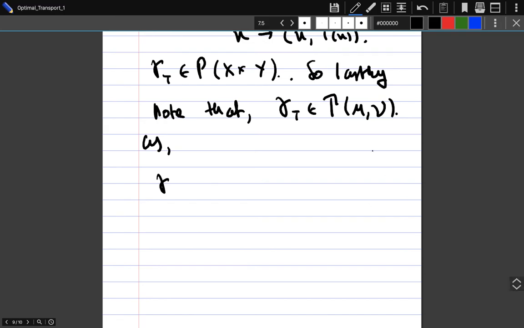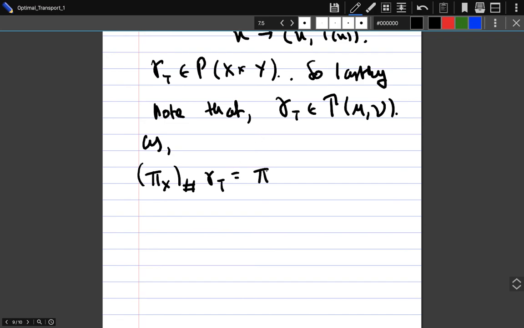So the way we check that it indeed lives there is by looking at the push forward measure of the projection. So you take this guy, you take the push forward measure with respect to gamma of T, and what is this?